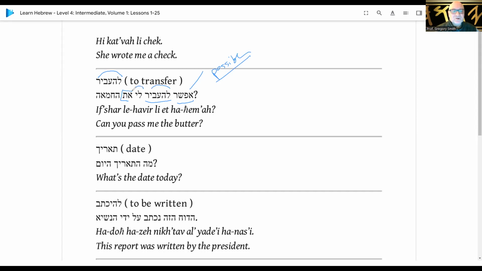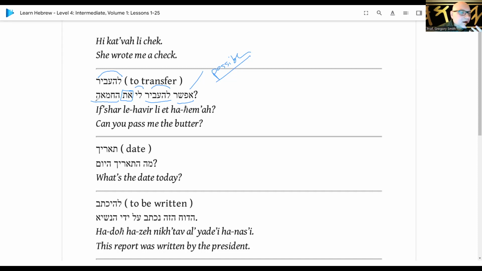This et is untranslatable. It just tells you where the action is happening, basically. Lehavar. Oh, wait a minute here. I already forgot how to pronounce that. Lehaevir. There we go.